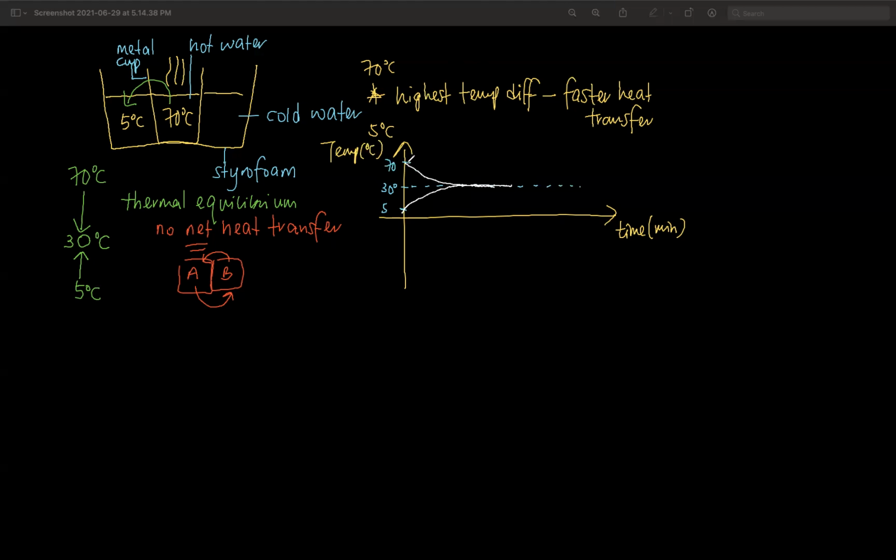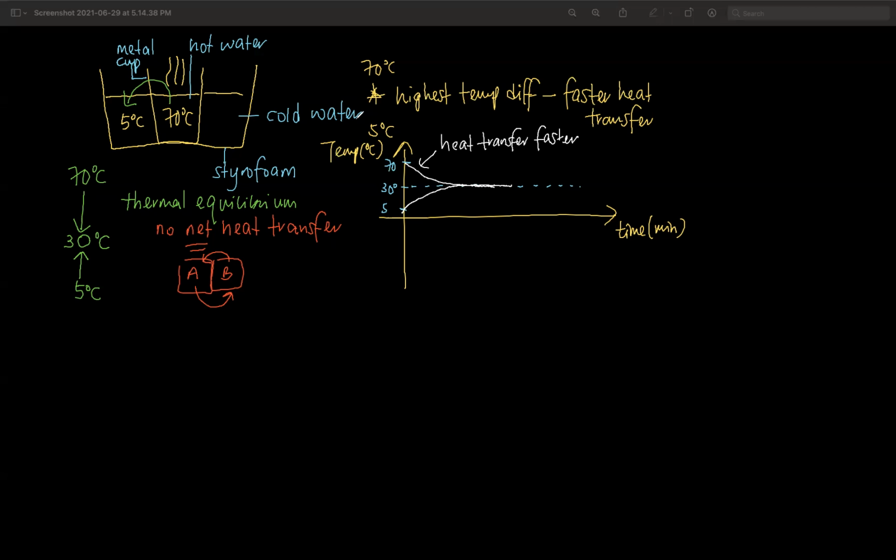Okay, so why is this curving down? It's not straight. This curve shows that the drop in temperature is the greater, right? So the heat transfer is faster over here, and then slowly it tapers off. It slows down here, and then eventually there's no net heat transfer.